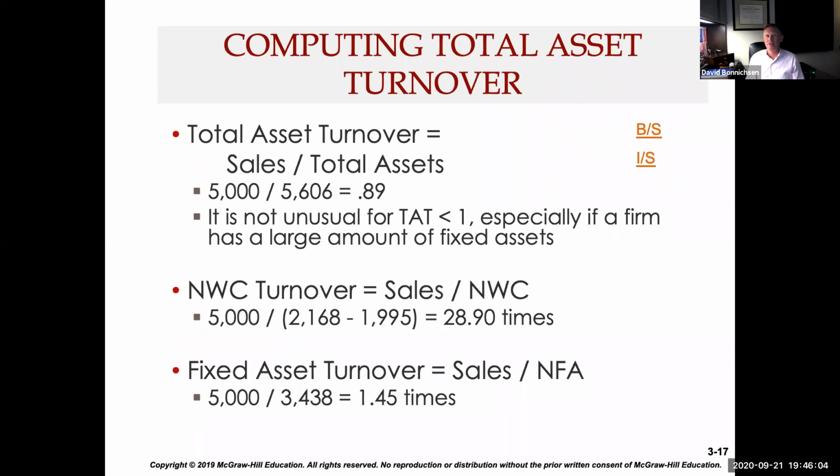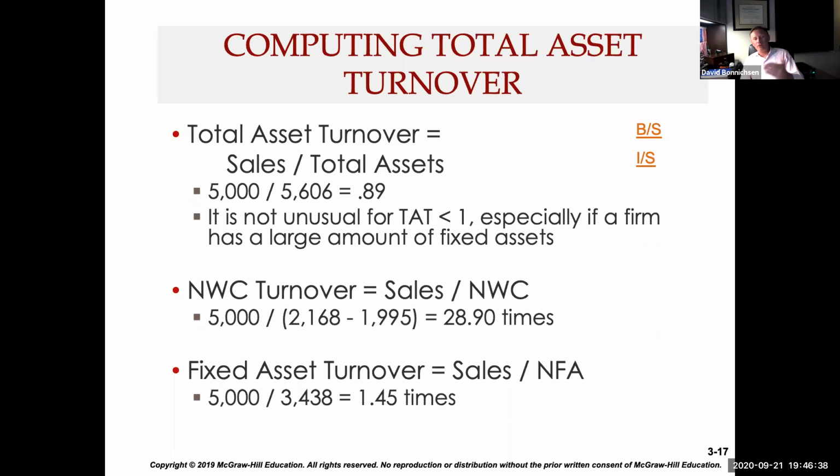But those assets are expensive and they're designed to last a long period of time. Okay, so it's not unusual for capital intensive businesses, manufacturing businesses, utility companies, chemical companies, oil and gas exploration companies. It's not unusual for them to have total asset turnover of less than 1, okay, because they require a significant number of fixed assets just to produce a single product, right?